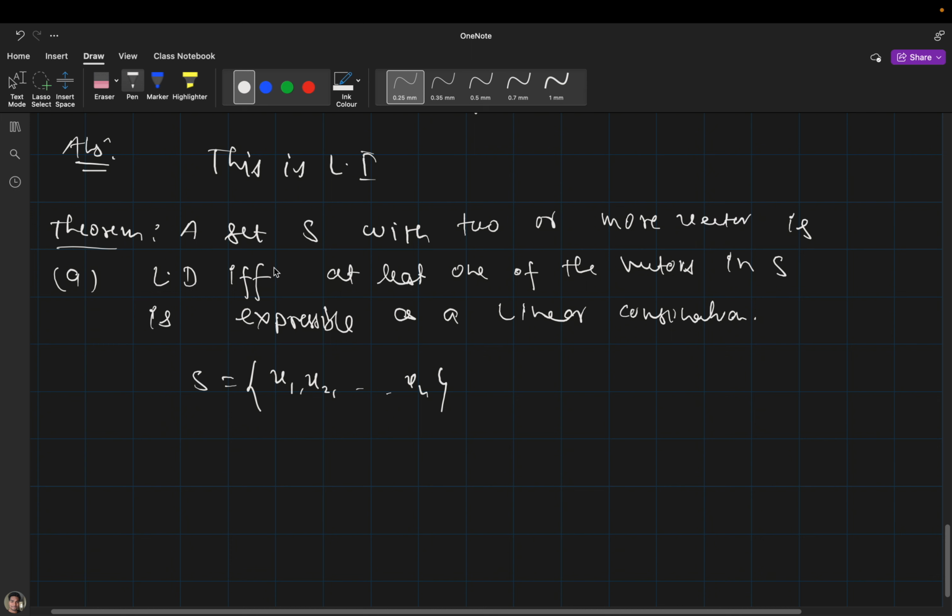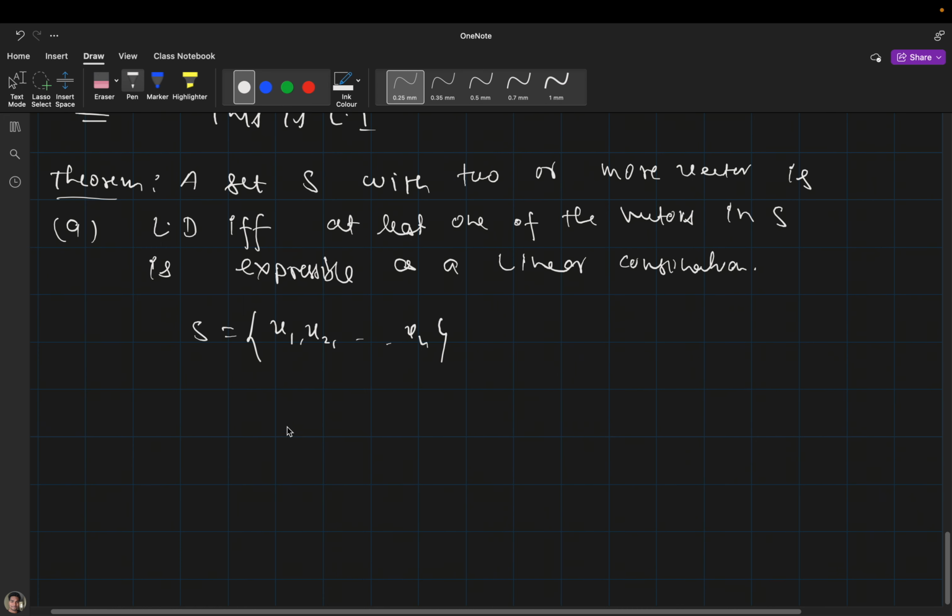Suppose you have the set S that consists of the number of vectors v1, v2, v3 and vn. The set S will be called linearly dependent if and only if at least one of the vectors can be expressed as a linear combination of others.